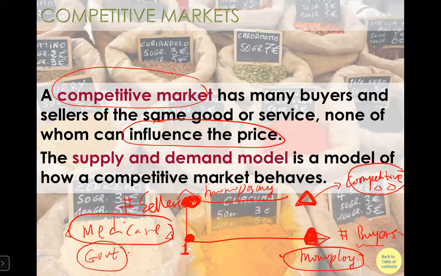Now, in this class, we are going to focus on competitive markets, meaning there are so many identical buyers and sellers. None of them can influence price. And the supply and demand model we are going to study is a model to understand how a competitive market behaves. So that's the goal of this chapter.